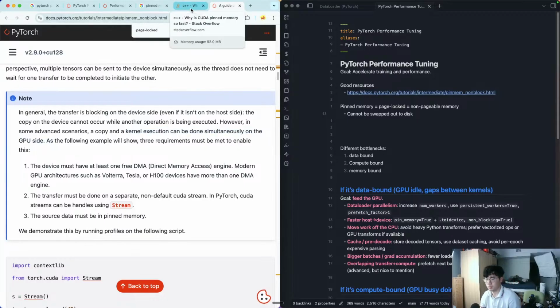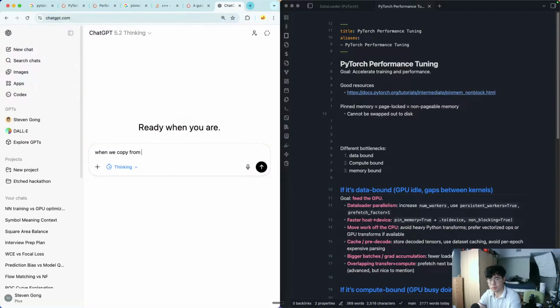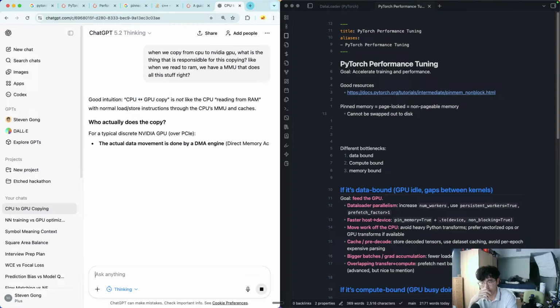When you copy from CPU to GPU, what is responsible for this copy? Like when we read to RAM, we have the MMU that does all this stuff, right? I think so, right? So doing all the RAM stuff, loading from secondary memory into main memory uses an MMU.